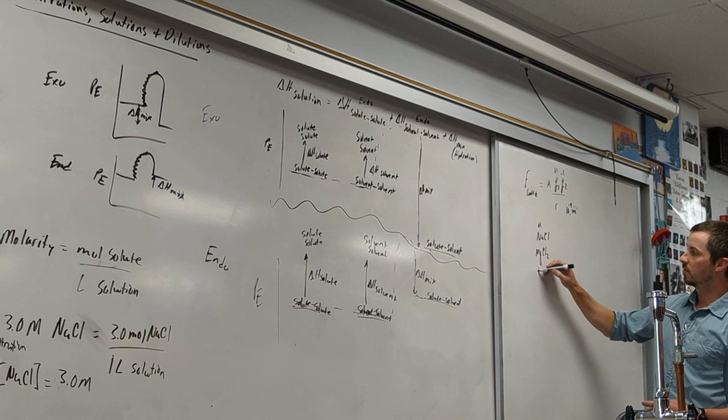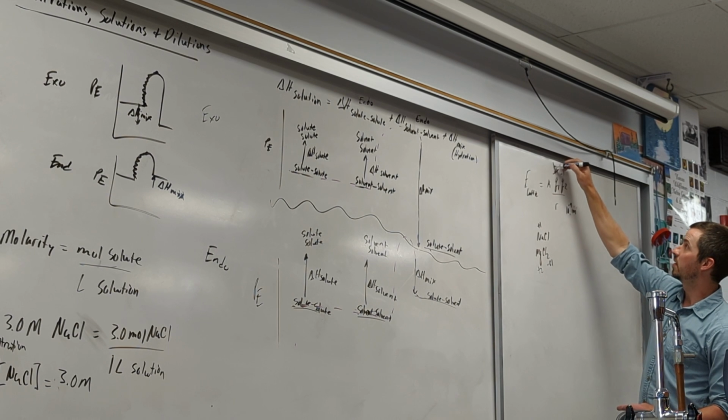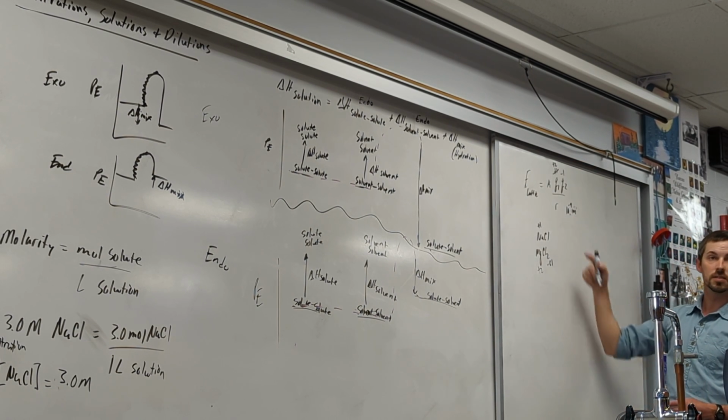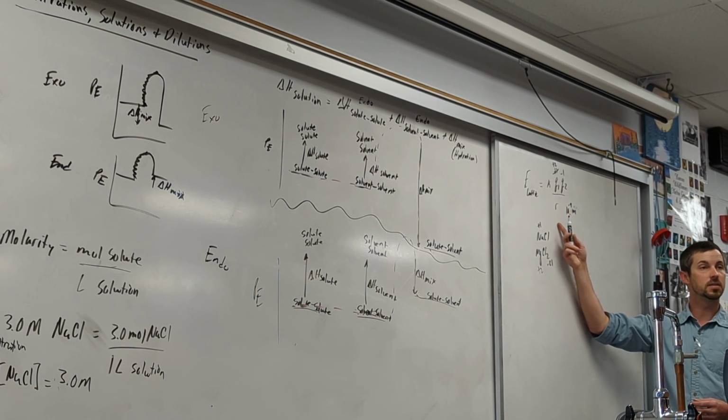The magnitude of magnesium and the magnitude of chloride are different, and the distance is still 10 to the negative 9. So who has the greatest lattice energy? They both have the same bonding radii. Magnesium, because charge matters more than distance does.